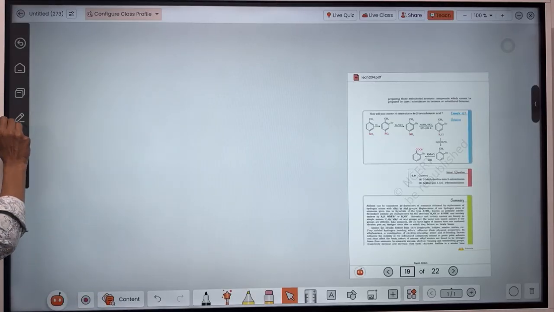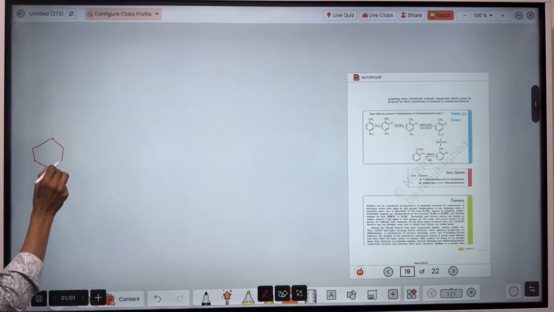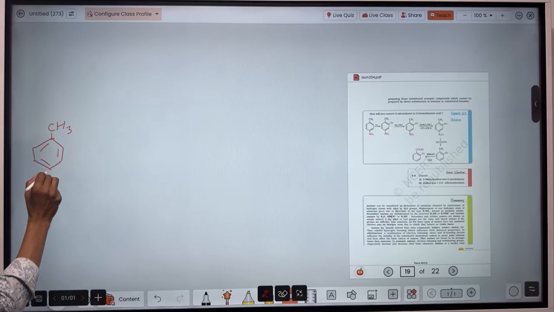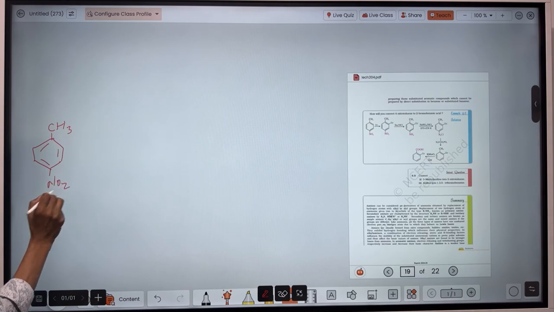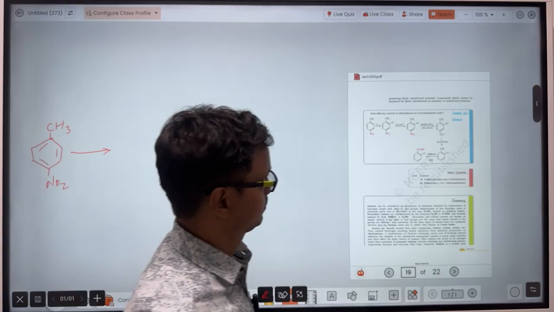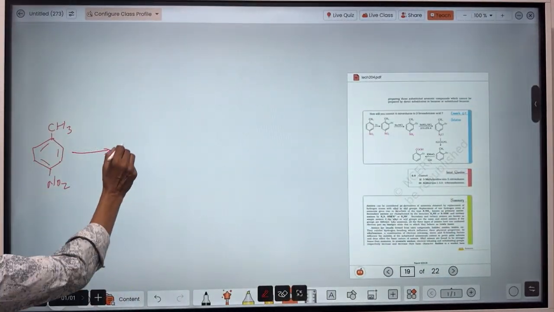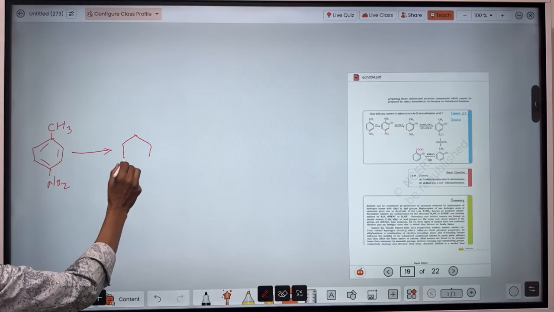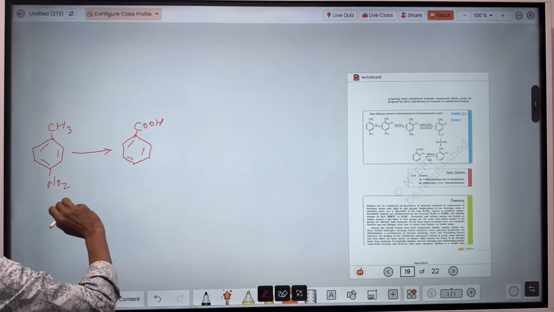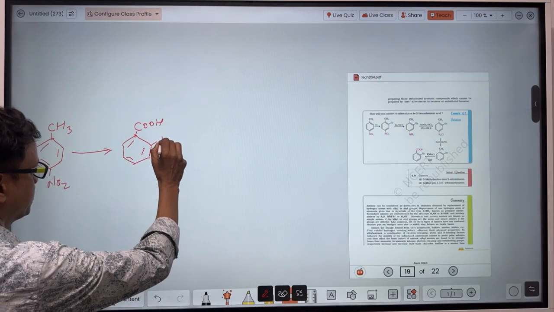So firstly, draw the structure of 4-nitrotoluene, and you will have to prepare 2-bromobenzoic acid from it. So here, benzoic acid and 2-bromo, so at the second position, bromine.